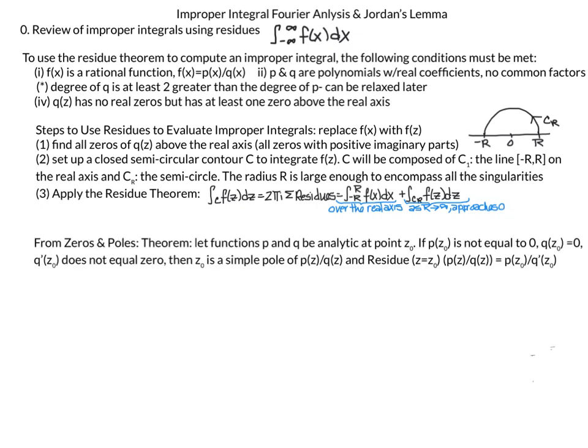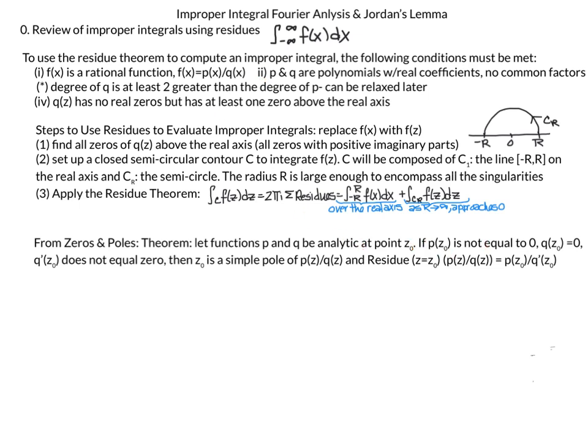And finally, for your reference here, this isn't so much about this technique, but we're going to be using this theorem to calculate the residues. So this is from the zeros and poles video that we had done previously. And the theorem says let p and q be analytic at a point z0. So the p and q are our function f of x equals p of x over q of x. So it's analytic at a point z0.